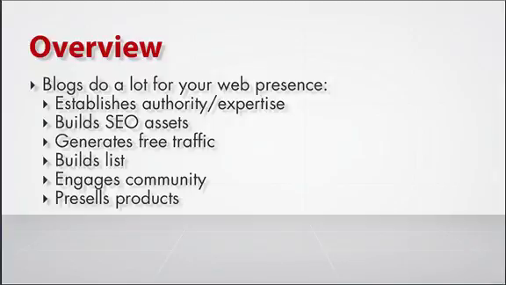Now, when they're there, what we'd like to do is encourage them to join our list, and better still, if it's a really strong article and the strong article talks about a product or talks about solving a particular problem, that's a great opportunity for you to then say, by the way, I happen to solve this problem using this product or this program or this service. If you want to learn more about that, click here. And then you drive them to your product sales mini site.